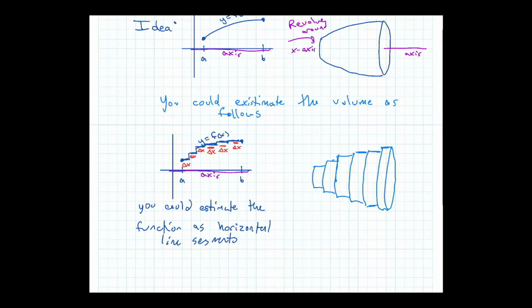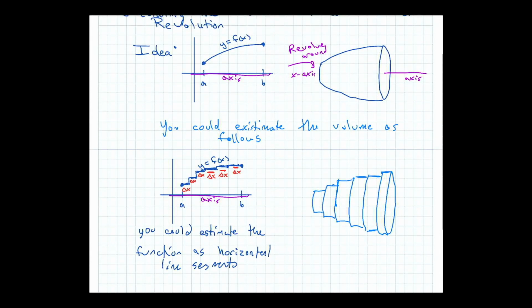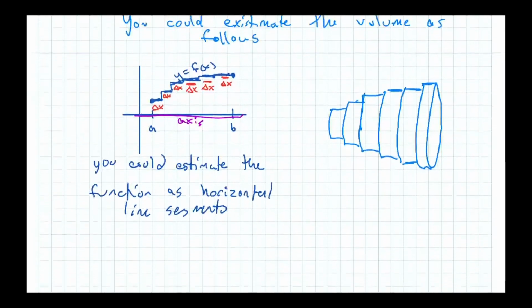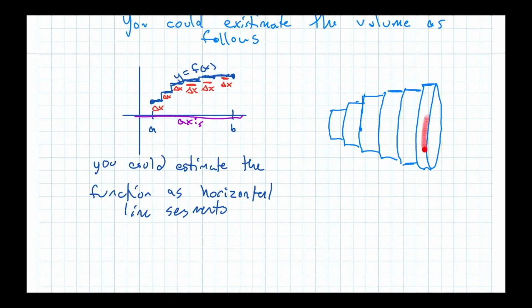It wouldn't have a nice smooth edge. It would be stepped, because the function is stepped, so the volume is stepped. The reason we care is that each of these shapes is now a separate cylinder. That's a cylinder, cylinder, cylinder, cylinder, cylinder. It looks like a wedding cake turned on its side.